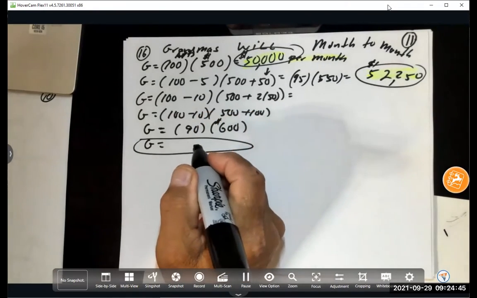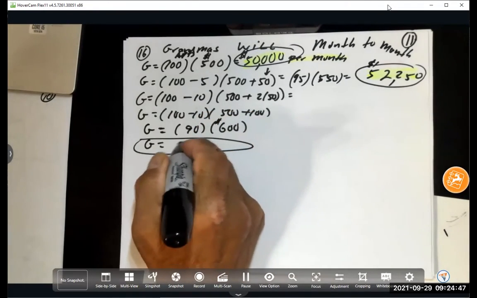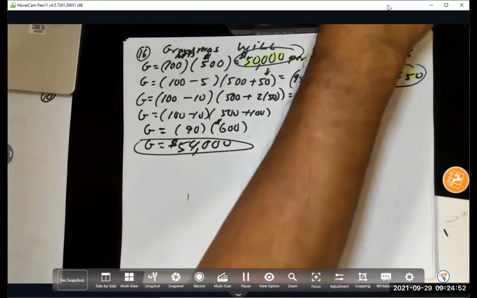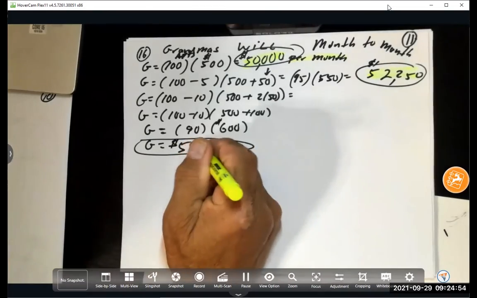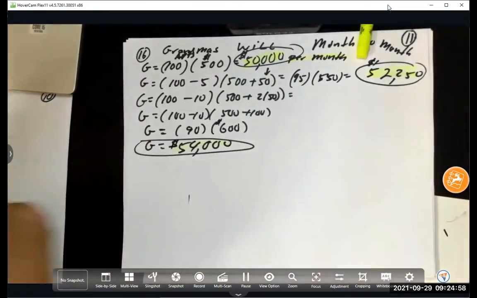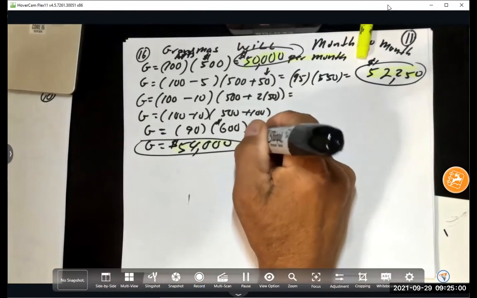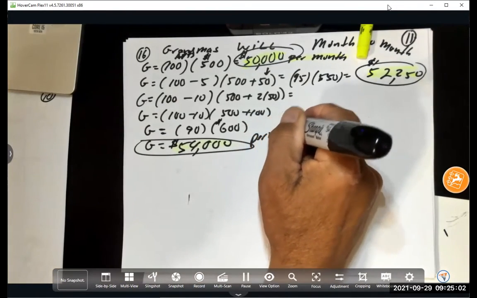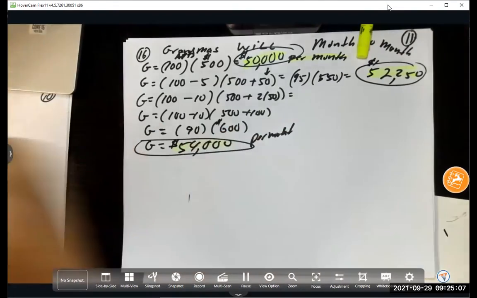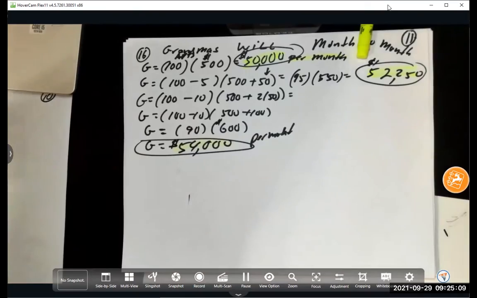How much? 54,000. All right. So now instead of 50,000 a month every month, I'm making 54,000 every month, which is better. Okay, this is per month. Every month, this is what you get in your checkbook. Every month, you check in on the first of the month, and you got this much money in your account to spend.